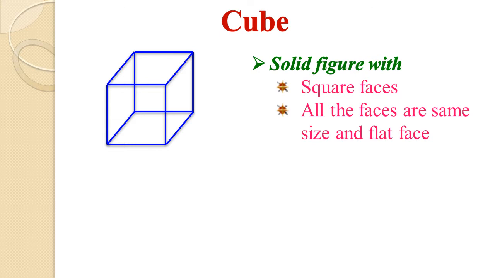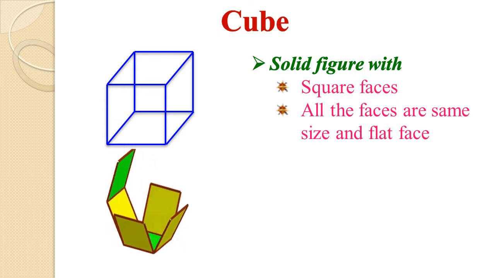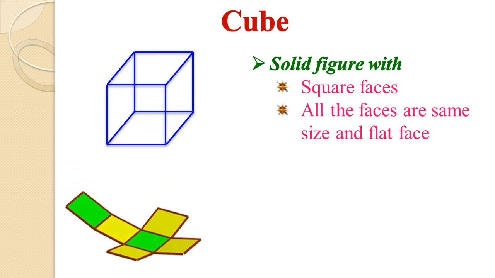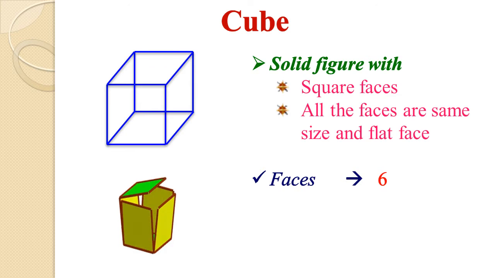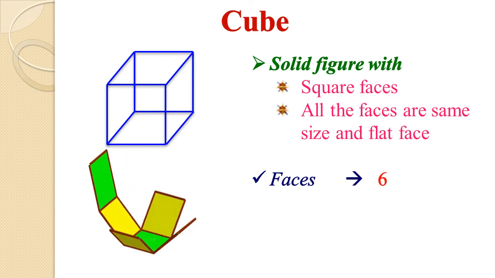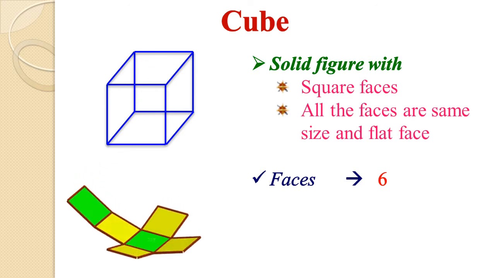So let us see the number of faces, edges and vertices. We already know a face is a flat surface of a solid shape. So a cube has 6 faces. Let us count the edges.